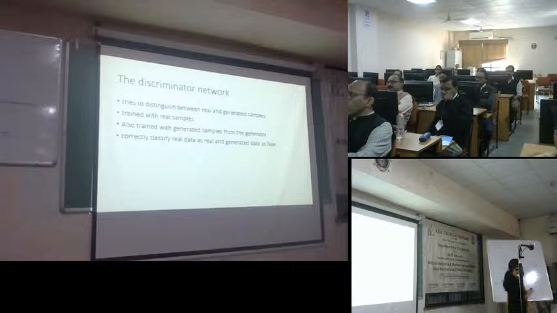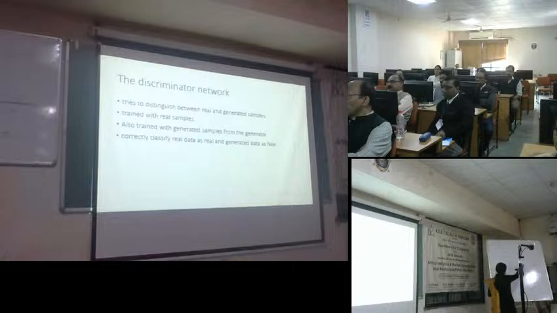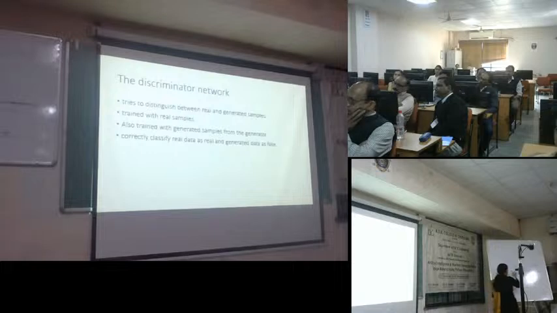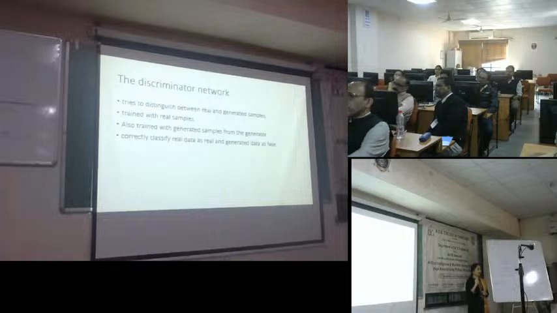But after that, the aim of the generator is to fool the discriminator such that the discriminator classifies the fake data as real. So we have to take some amount of sample data and train the discriminator with it for the initial process.